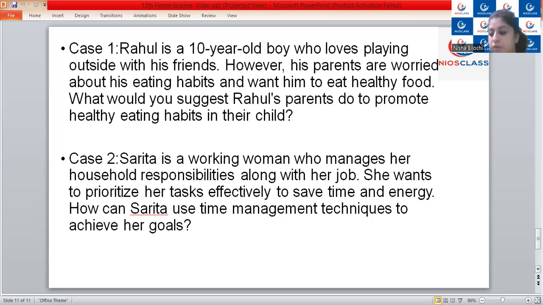So the first thing she can do is make a to-do list of what to do the next day, like preparing it last night only. Set goals, prioritize things. Okay, firstly I'll have to do this, then I'll do this. Use a calendar or a planner, prioritizing the tasks. Delegate the tasks, right? Like sharing house responsibilities with family members, because family members should also be responsible and supportive.